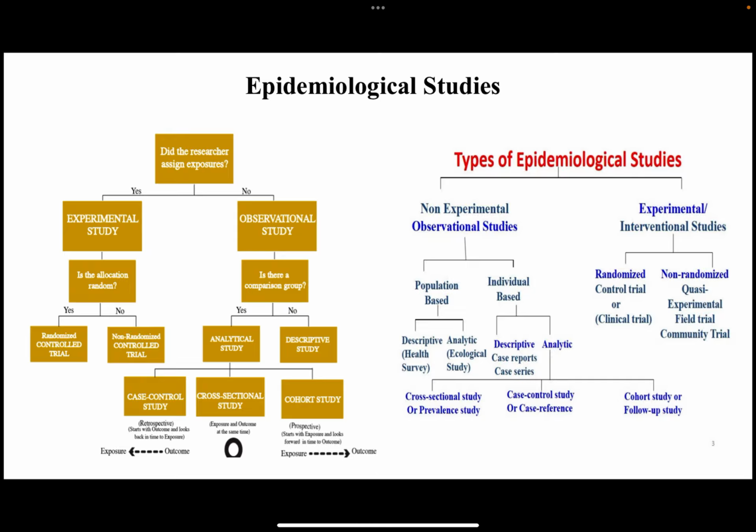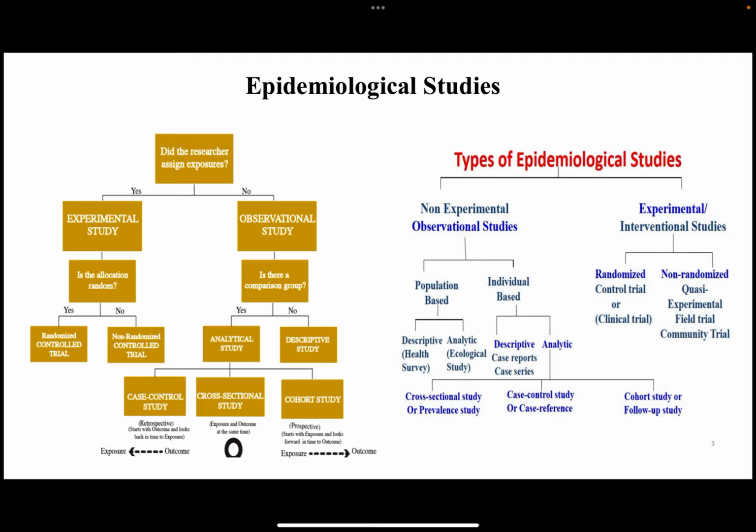Now, an experimental study is a type of epidemiological study where the epidemiologists, the investigators or the researchers, try to manipulate two groups. They manipulate what we call an exposure. For example, we want to test a drug, an intervention, a medicine or a vaccine.